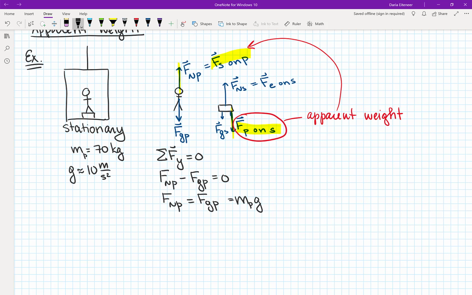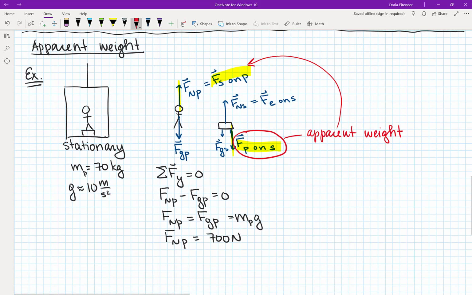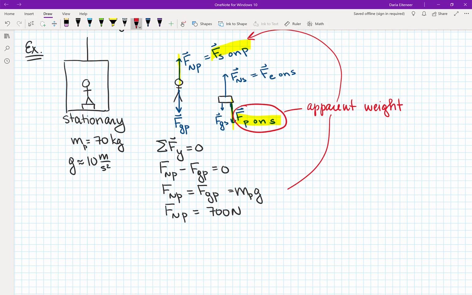So right now we're just kind of estimating things because I want to make a point of discussing apparent weight specifically. Okay? So normal force here ends up being just 700 newtons. Easy enough. So this is what the scale is going to read, right? Remember that the scale effectively is telling us this force.